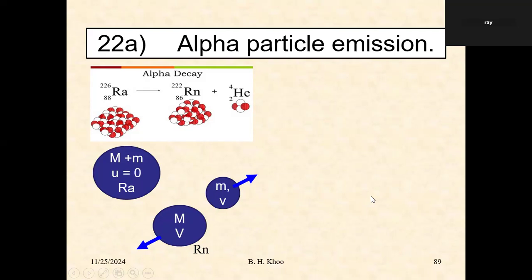As far as alpha decay is concerned, it's standard. There's an original mass. If the uranium is stationary, with no speed, then one product will go to the left and one will go to the right.